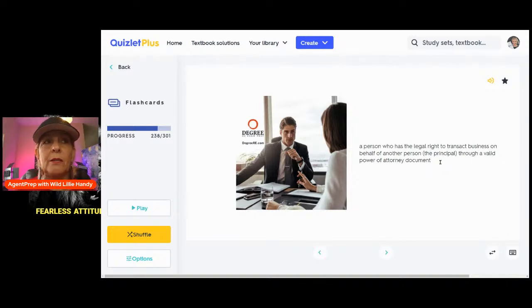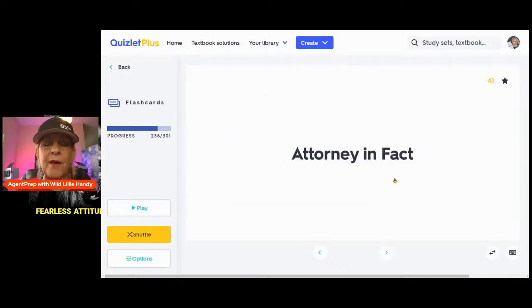So they gave the legal right to someone else to represent them. The principal signs that power of attorney and mentions that person's name. That is an attorney in fact or a power of attorney, POA.